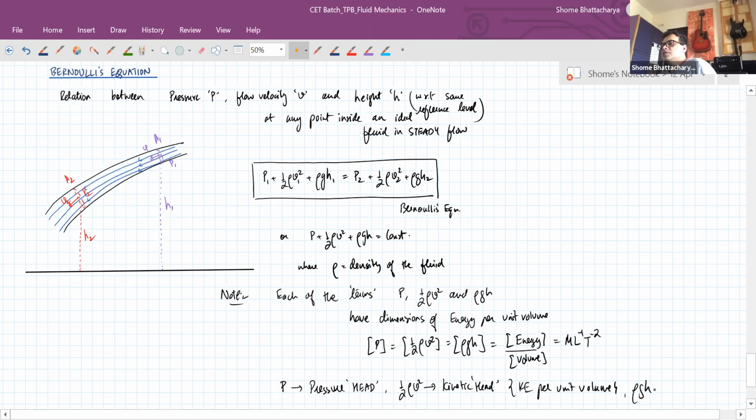And rho gh is called the gravity head because it is gravitational potential energy per unit volume. So as you can see from this explanation below, Bernoulli's equation is a sort of application of work energy theorem, but instead of relating energies, we are relating energy per unit volume. And instead of work done, we are relating pressure.